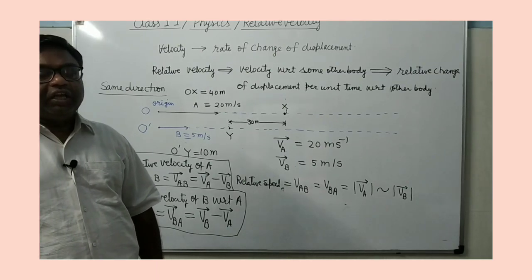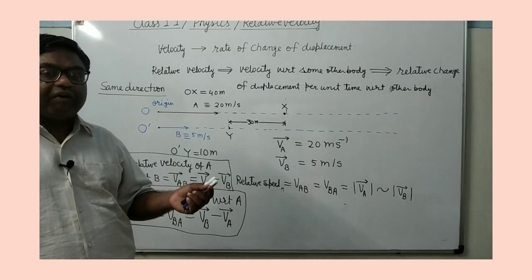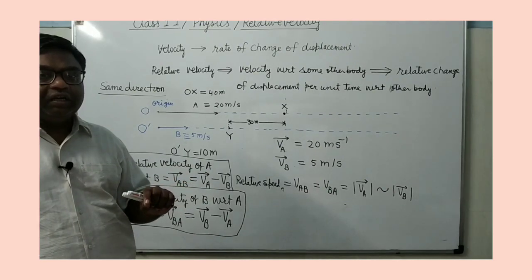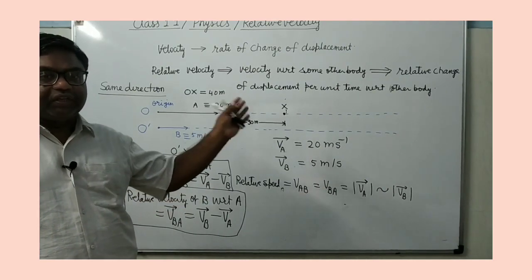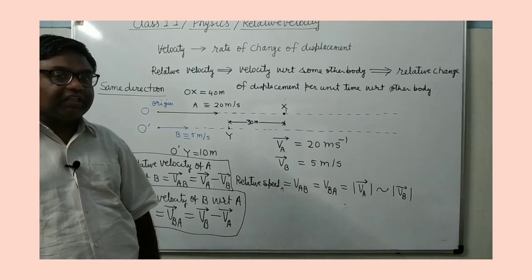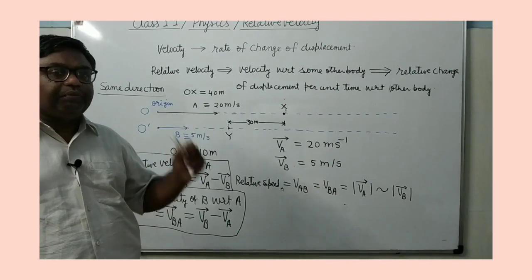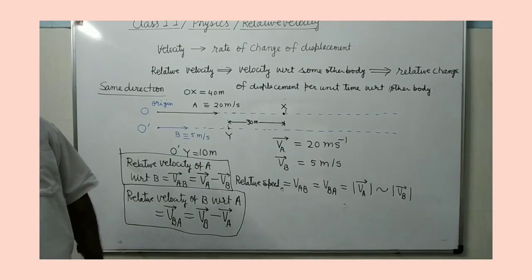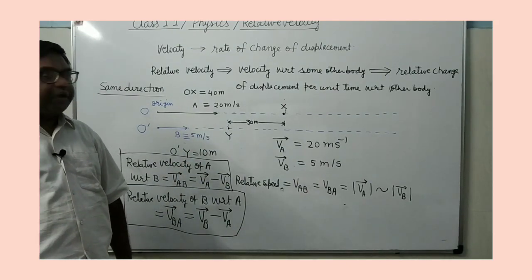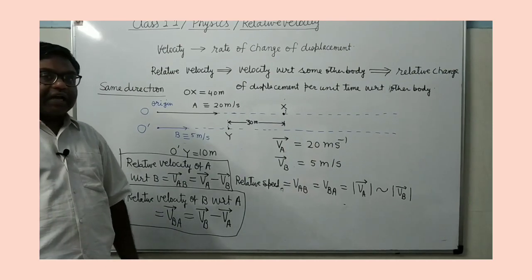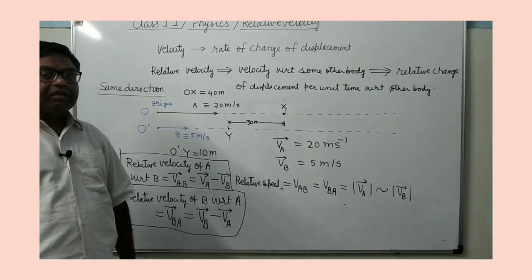Now see here, the relative speed of one with respect to the other, whether they are moving in the same direction or in the opposite direction, will be the same in magnitude, but directions will be different.